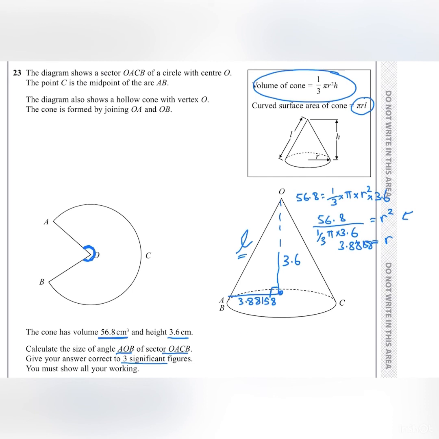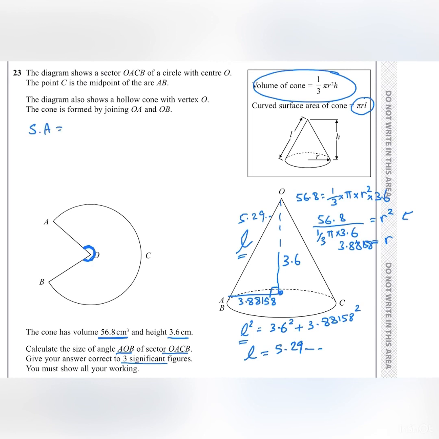Using Pythagoras' theorem, L squared equals 3.6 squared plus 3.88158 squared. And don't forget to square root in the end. So L equals 5.29 and so on.